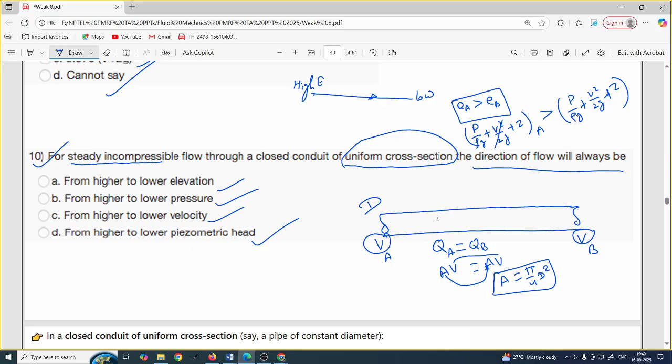If the velocity is the same, velocity at A and velocity at B will definitely cancel out.